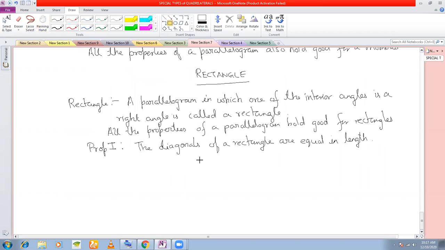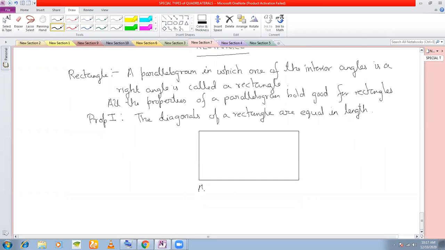What does this mean? You have a rectangle. Draw the diagonals. The diagonals are AC and BD.